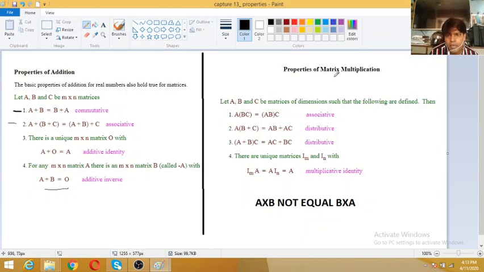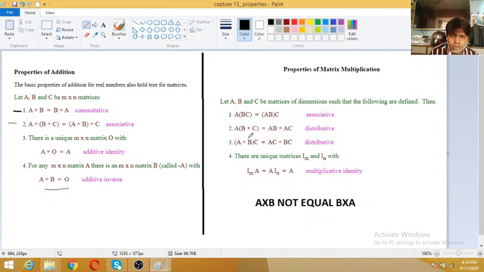Now the matrix multiplication properties. It follows the associative rule. That means if three matrices are to be multiplied, you can multiply b into c first and then multiply a, and the answer is the same as if you multiply a into b first and then multiply c to it.